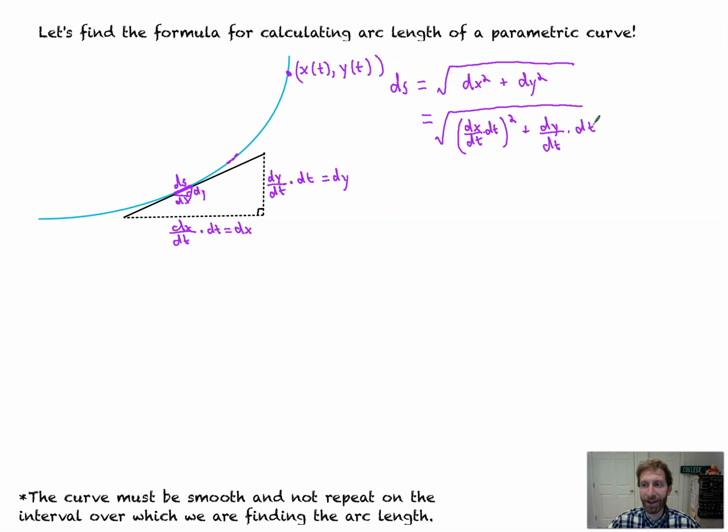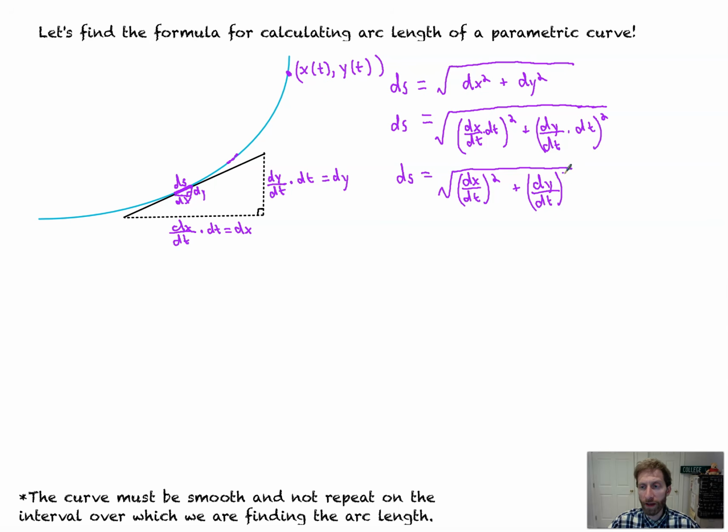It's getting exciting. Oh yes. This is all to generate the formula, right? To understand where the formula comes from. And so that is equal to the square root of, well, let's check this out. You can factor out a dt squared from each of these and square everything out. So I get (dx/dt) squared plus (dy/dt) squared.